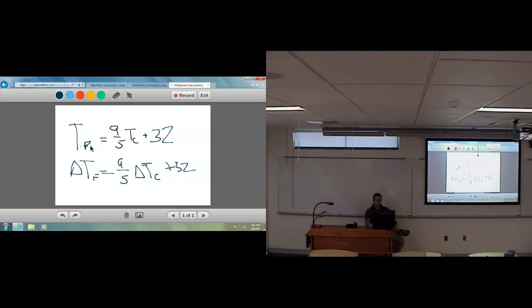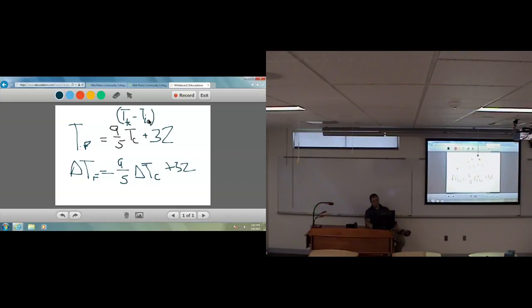Once for the temperature initial in Fahrenheit, once for the temperature final in Fahrenheit, and then you take the difference of both of those equations, and what you're going to end up with is 9 fifths times temperature final in Celsius minus temperature initial in Celsius in place of temperature C plus 32 degrees, right?